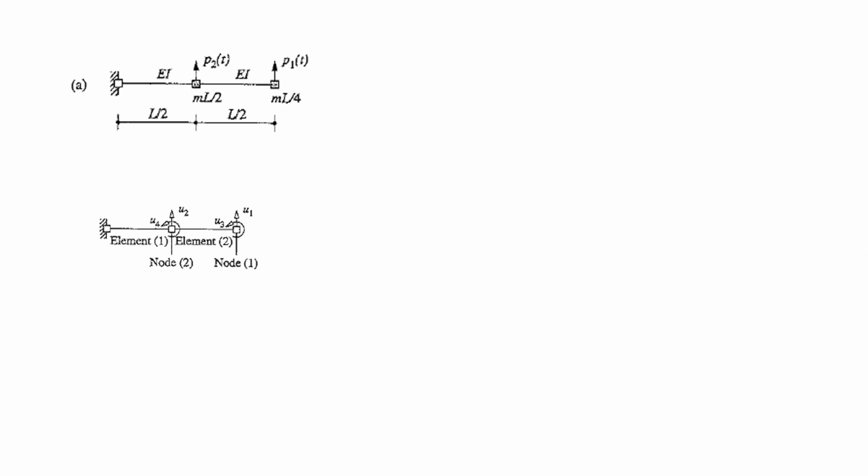The mass matrix would be M1 and M2 associated with U1 and U2. And what is M1? M1 is ml by 4, and what is M2? It's ml by 2. Thereby we could first get a mass matrix. Next is the determination of the stiffness matrix.